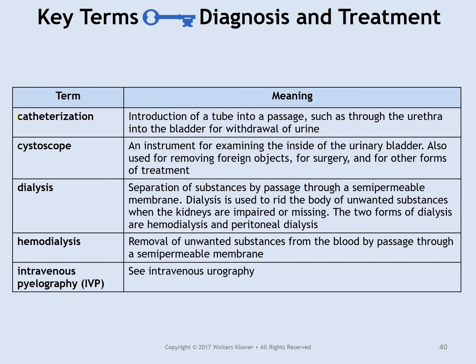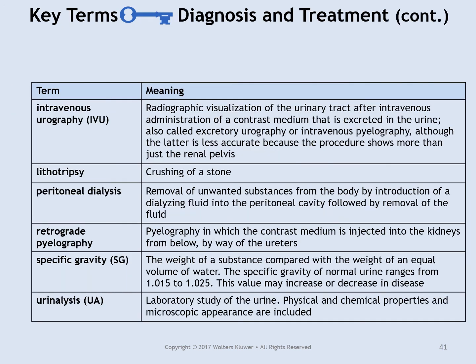So catheterization is when you send a tube through the urethra and into the bladder to withdraw the urine. Okay, lithotripsy is the crushing of a kidney stone.